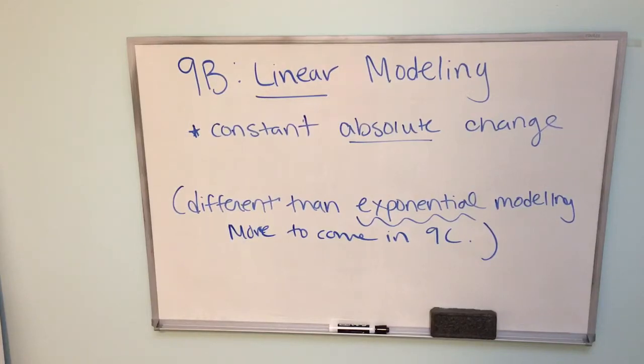So make sure you really understand the difference between what linear modeling or linear growth is, and the same thing with exponential. We need to understand the difference between those two. We're going to do 3 total sections on the differences between them and how to use both of them and when to use both of them. So it's going to be a huge part of your final test. So just make sure you understand those differences.